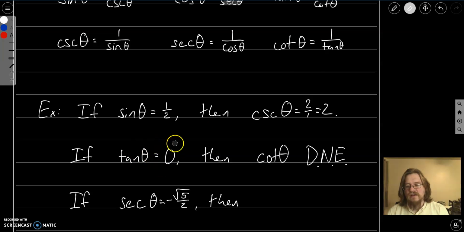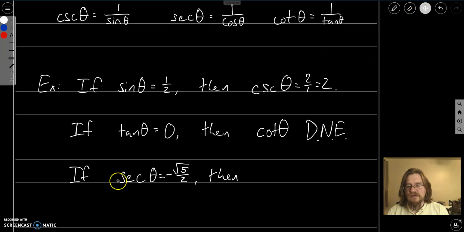Whenever the tangent is 0, the cotangent at that particular angle doesn't exist. And vice versa. If a cotangent is ever 0, then the tangent at that angle doesn't exist either. So even though they are reciprocals of one another, if one is 0, the other one doesn't exist.